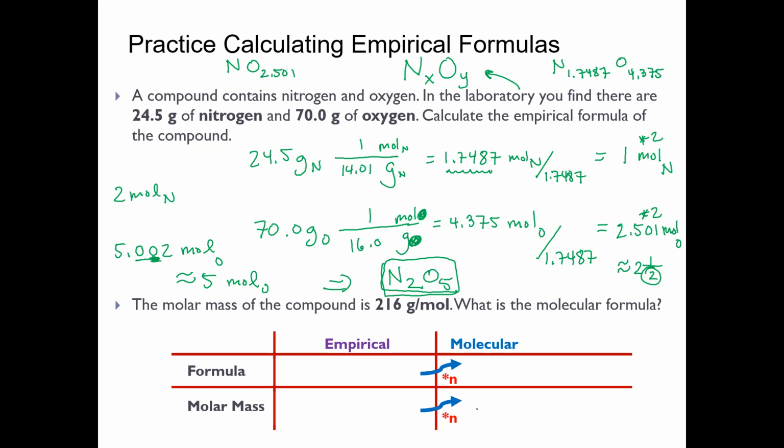Follow-up question. We know that the molar mass here for our actual compound is 216 grams per mole. We want to find the actual molecular formula instead of this empirical formula, N2O5. Well, what we can do is look up the molar mass for our empirical formula.